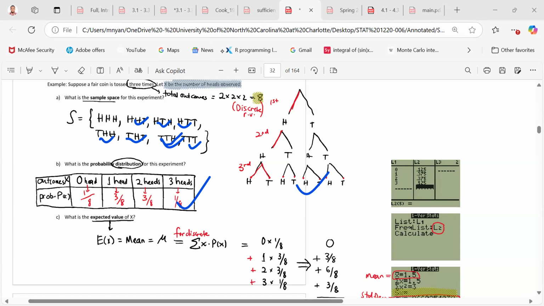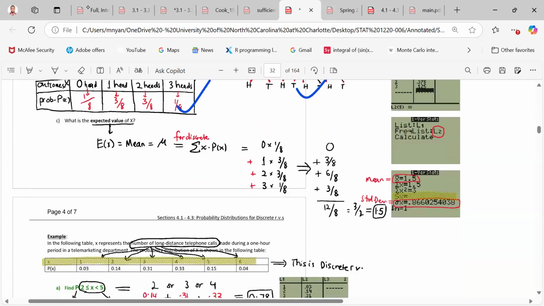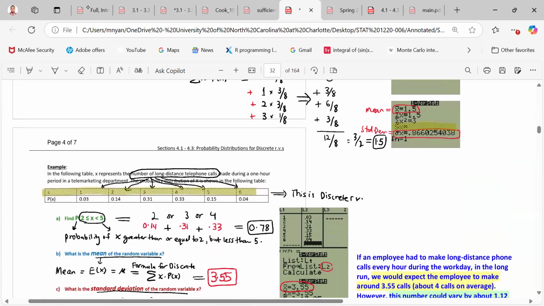So this is how we use the calculator to get both the expected value and the variance. If you ask about the variance, make sure you take the square of it. But if you ask about the standard deviation, then that's the value you see there. So note how we use that, and we're going to apply it anytime you see mean. Just apply the approach that I've given to you.